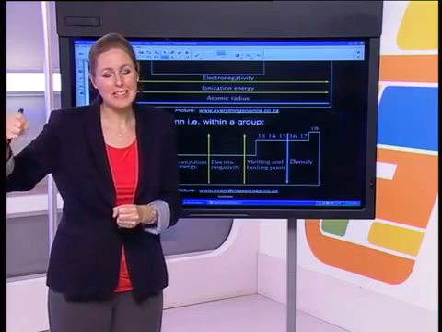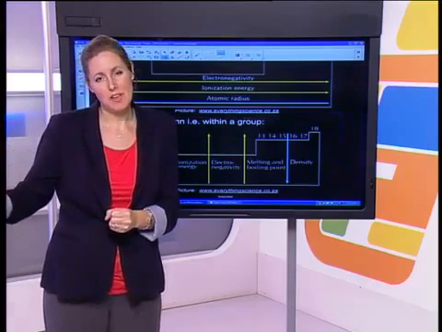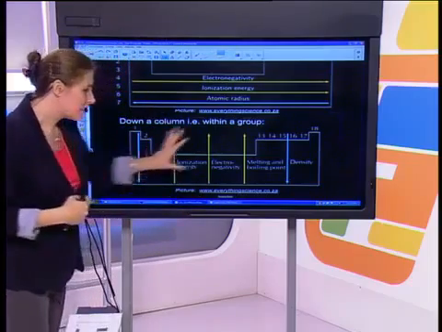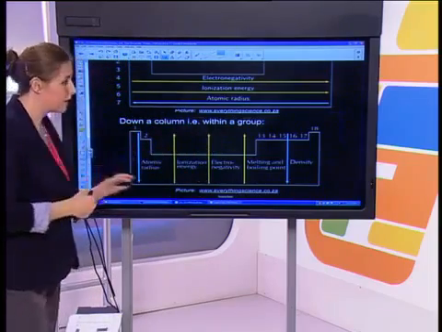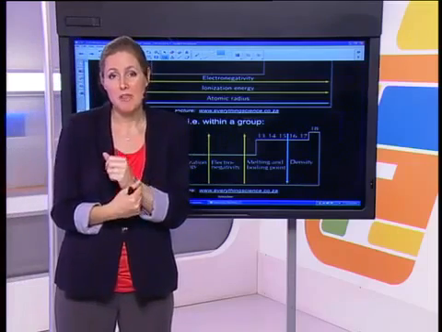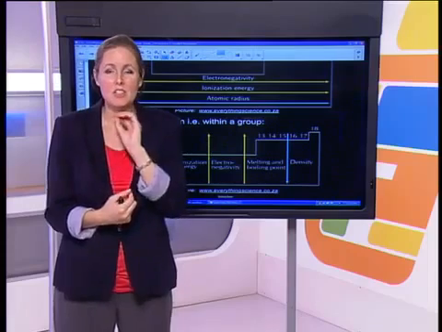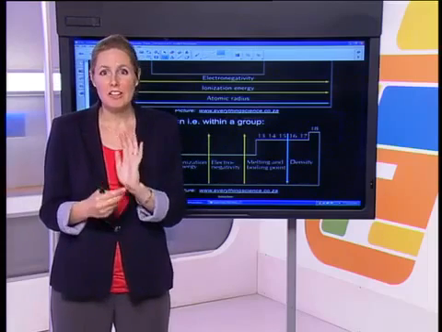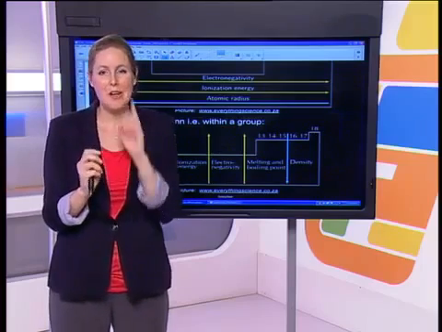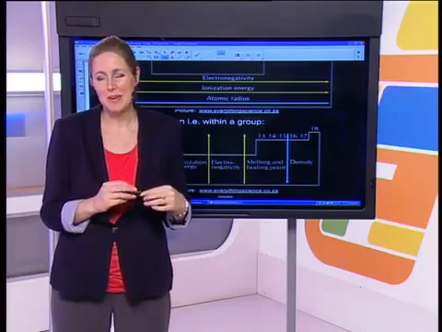You won't require as much energy to remove that valence electron to form an ion. So think through these trends. It's very, very helpful to be able to explain them, and hopefully we'll pick up on some of them in our questions today. So make sure that you go and do some test yourself questions, do the challenge question. There's lots on the go for you, and we'll come back and tackle some more questions.